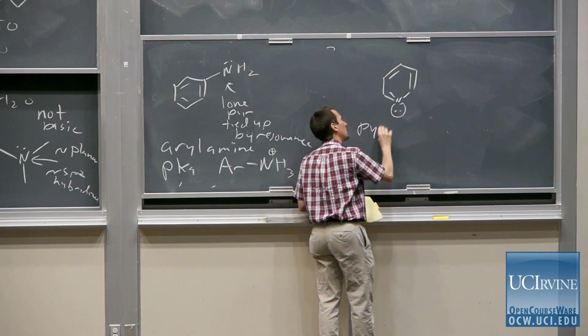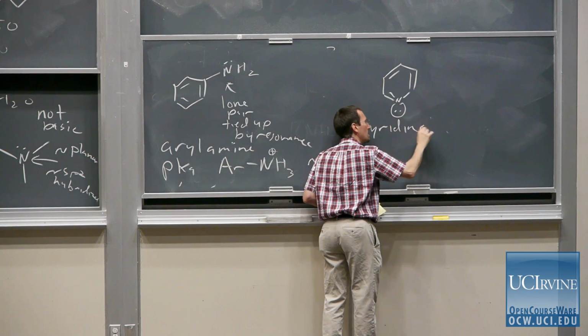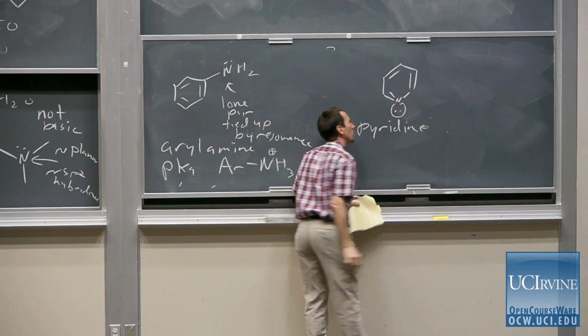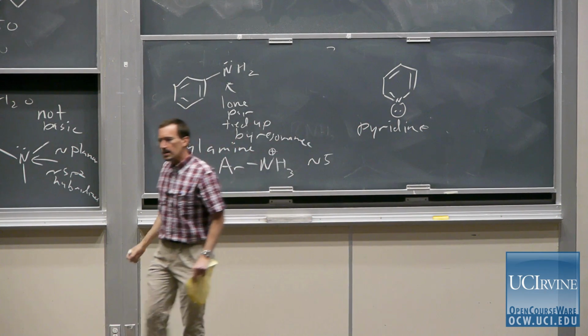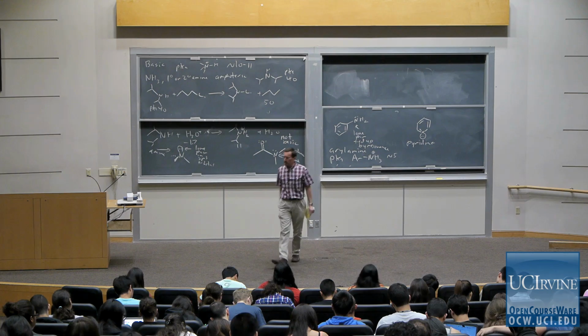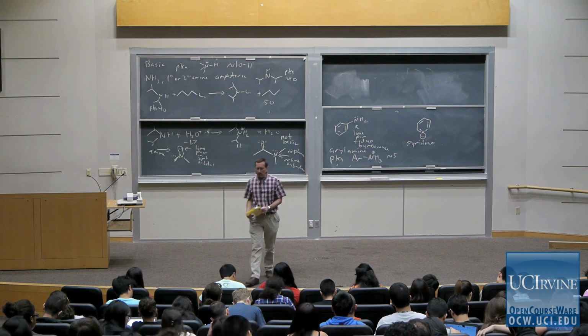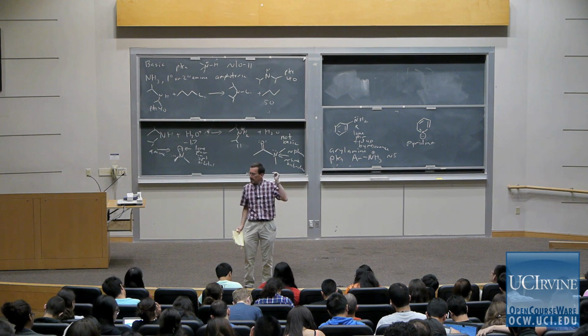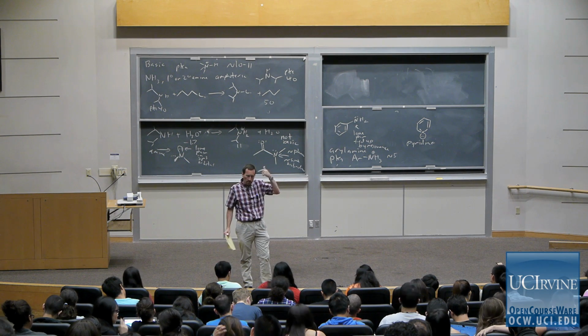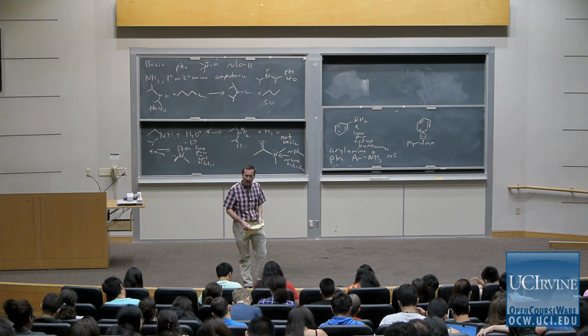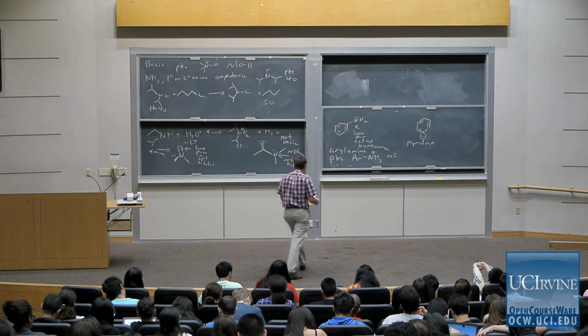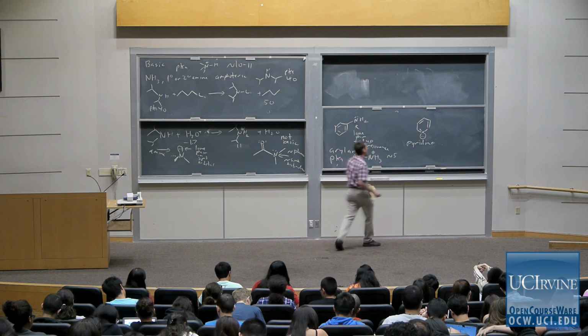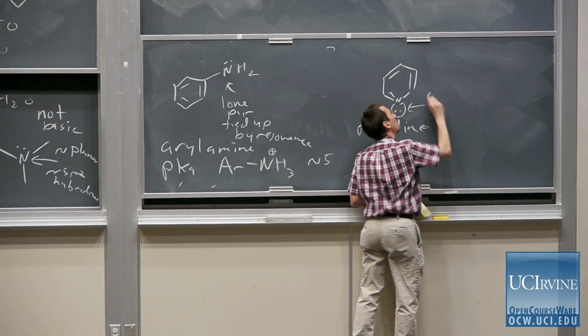So this is pyridine. We've been using it as a reagent in some acylation reactions. Pyridine is the nitrogen analog of benzene. The nitrogen is participating in the aromatic ring system, and instead of having a CH group, it has a lone pair of electrons. The lone pair of electrons is sp2 hybridized.